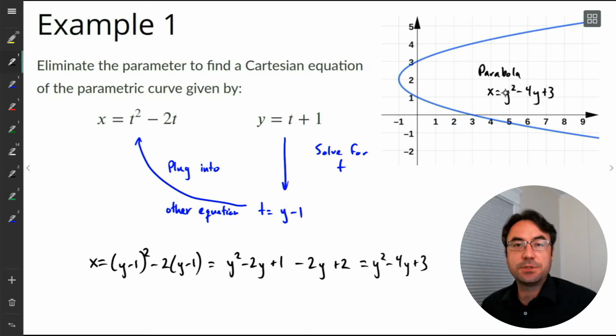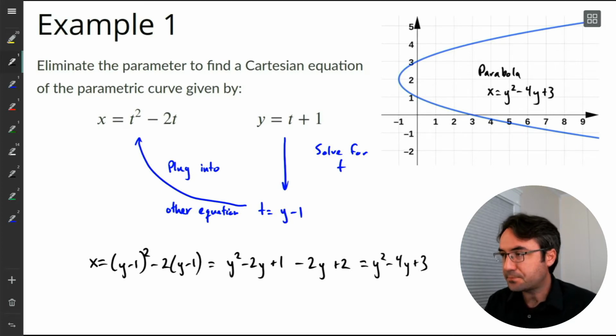It's x equal to y squared and some y terms, so that's why it's tipped on its side, but it's a standard formula for a parabola. That helps give us an idea of what this parametric curve is doing. If we wanted to, we could picture this parametric curve by plotting this Cartesian equation, x in terms of y.